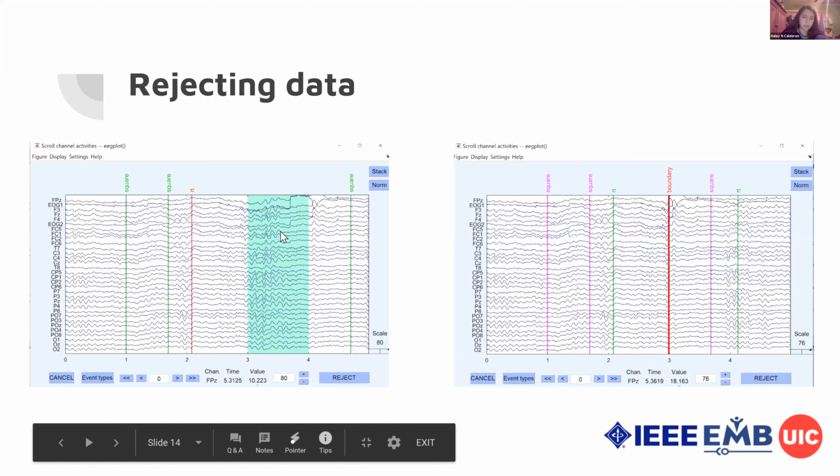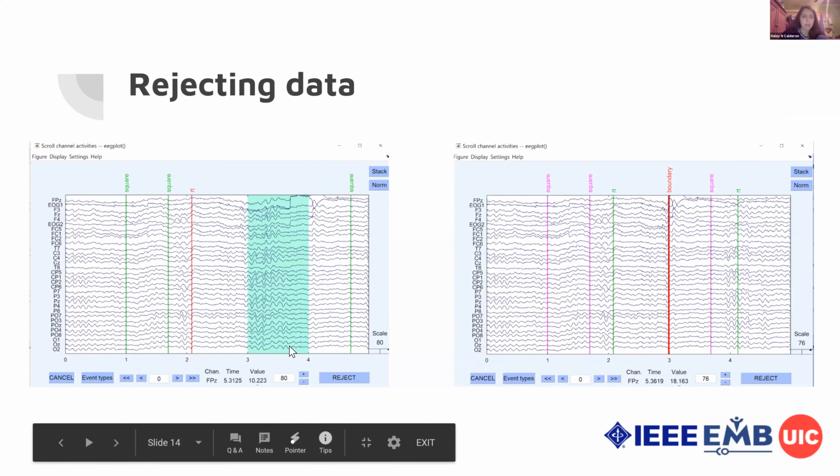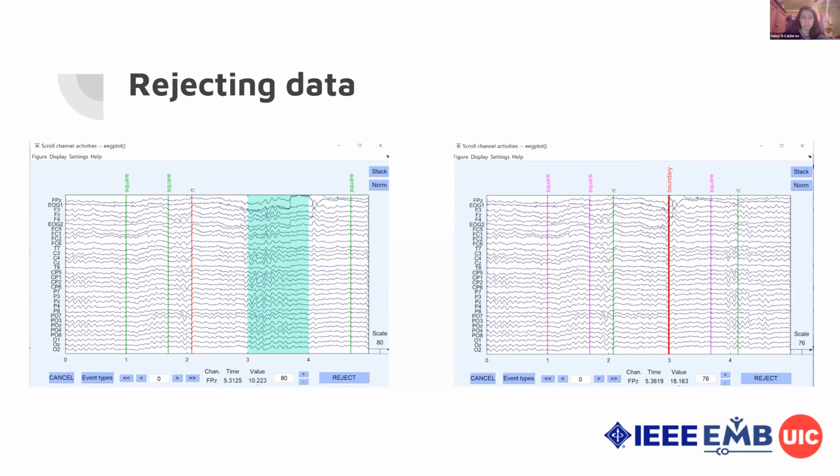When you highlight the data, it looks like this in this teal box. For the purposes of this demonstration, I just chose to go from the 3-second mark to the 4-second mark because I don't know much about neuroscience and it seems like the busiest place in the plot.